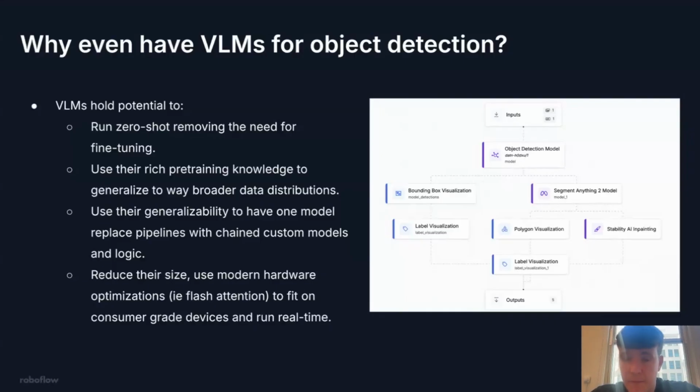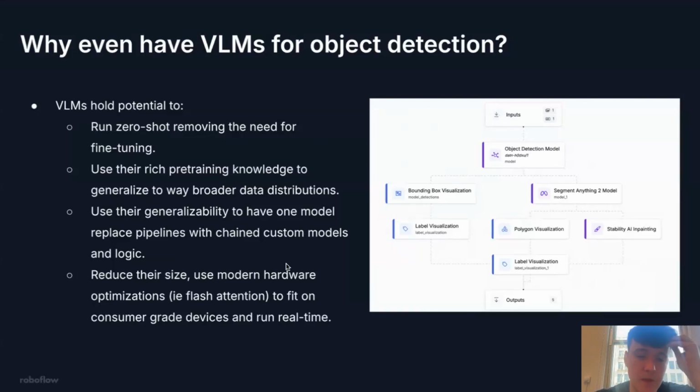With a good VLM, supposedly, you should be able to do it all as a single forward pass where you say, we want to take a person and replace the person with a dog inside of some image. You can just ask a VLM to do it. So there is no more need to create a complex pipeline. It's just going to be a VLM that takes an image and outputs whatever logic you gave it through the prompt.